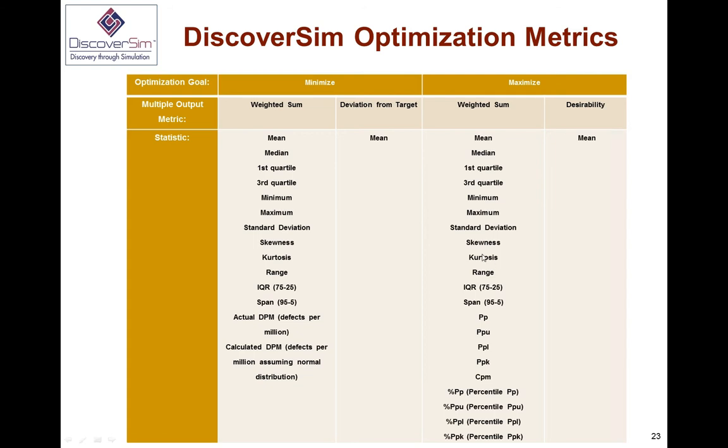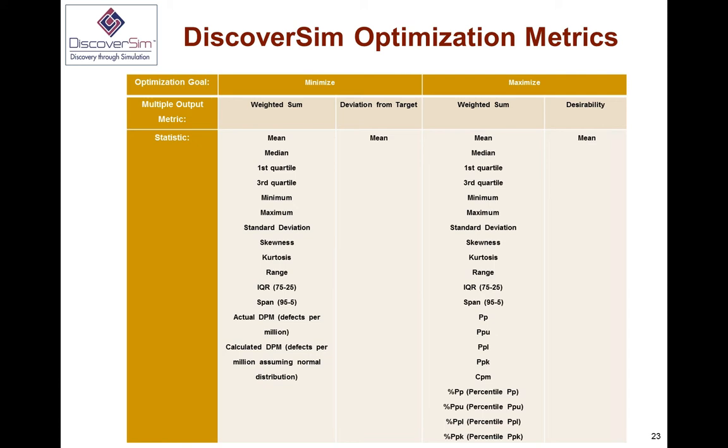There are a variety of optimization metrics. You can minimize the weighted sum of all of these. You can minimize a deviation from target. You can maximize any of these statistics, process capability indices in here, or you can maximize desirability. Some of you, if you're familiar with multiple response optimization in design of experiments, you probably have used the desirability function.